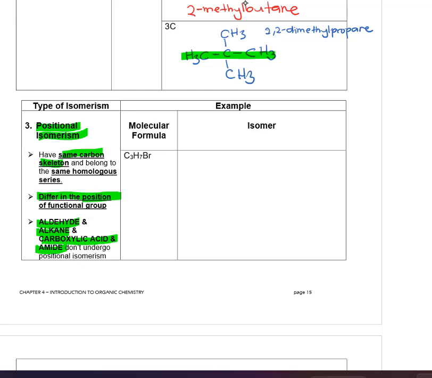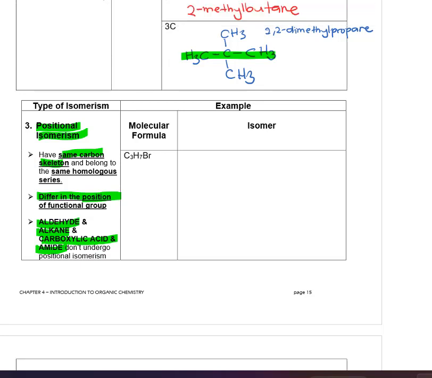For aldehyde, carboxylic acid, and amide, the functional group must be at the end, so you cannot move its position. For alkane, there is no functional group, so you cannot move the functional group.